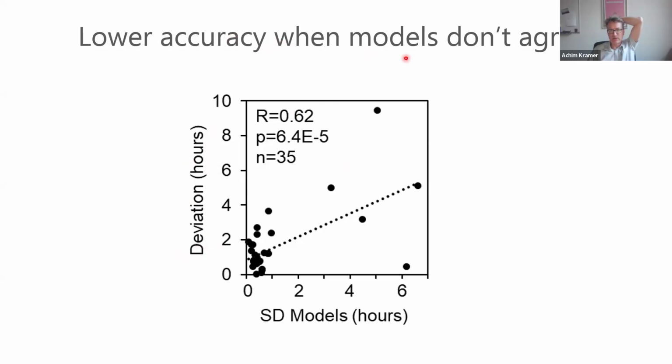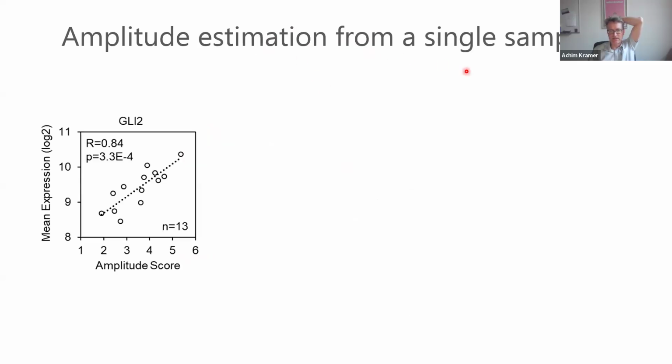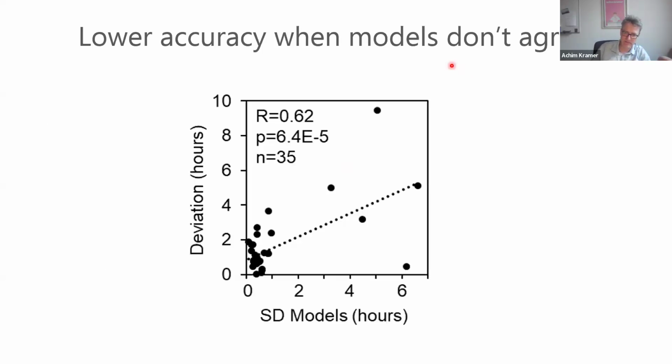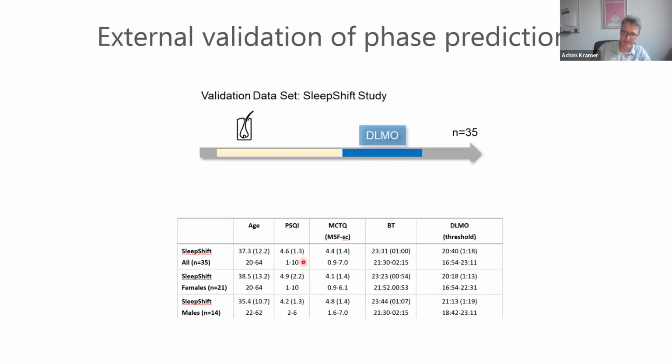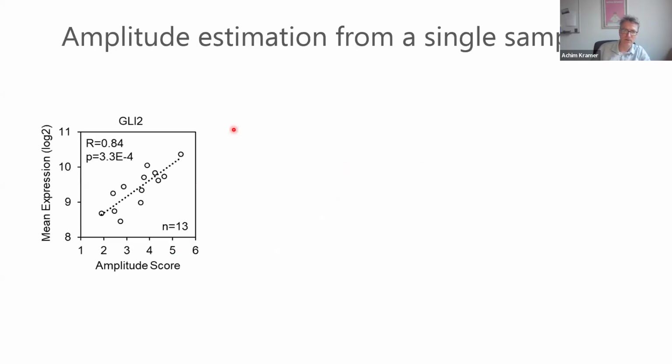So we asked, can't we do something about it? Maybe these ones have low amplitude. But since we have only a single sample, we cannot know what the amplitude is. So the next goal was to estimate amplitude from a single sample.